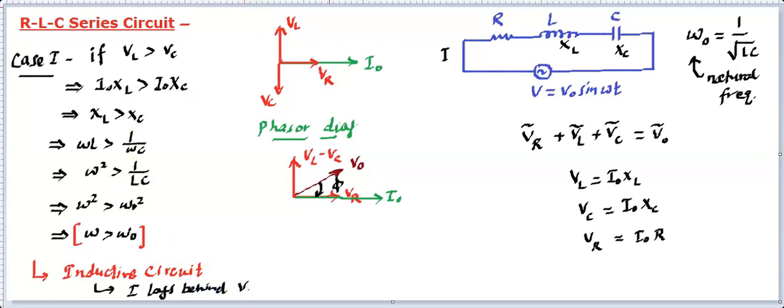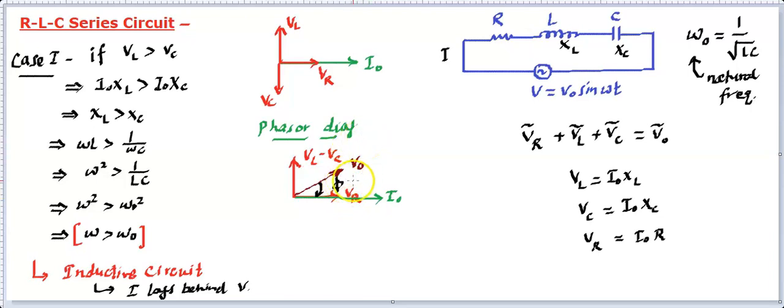Understood? That means whenever you find VL is greater than VC, or XL is greater than XC, or external frequency is more than the natural frequency, then it's going to be inductive in nature, and current will be lagging behind, voltage will be leading. And how much will that angle be? So the next question will be finding this phi value. We can easily find this phi value. We can say this is the resultant of these two vectors, VL minus VC and VR.